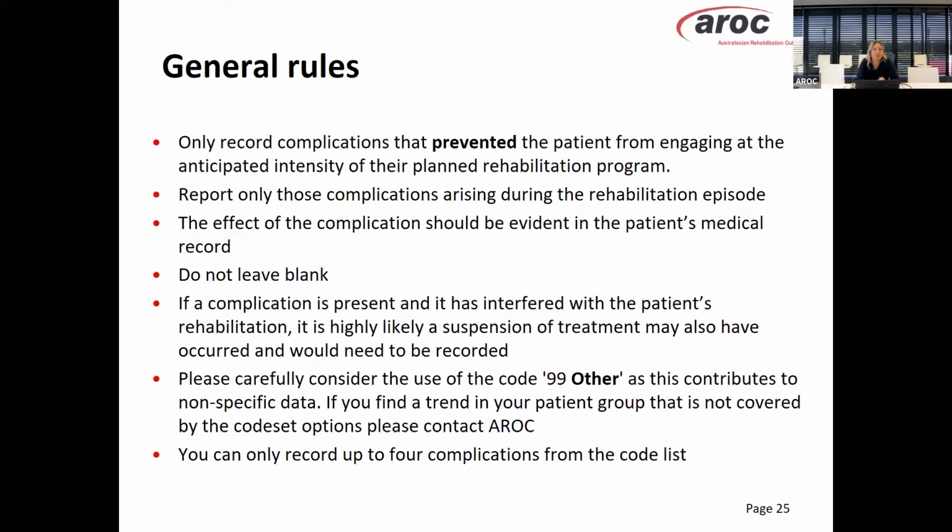Again, it should be evident in their medical record what has happened and how it has impacted the patient's rehab program. We'll cover what to do if a suspension occurs, and that there is a code set other. If you use it, provide any comment in the general comments about what the complication was, or contact us if you're not sure how to code something.